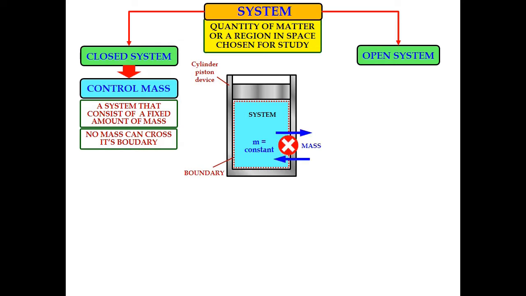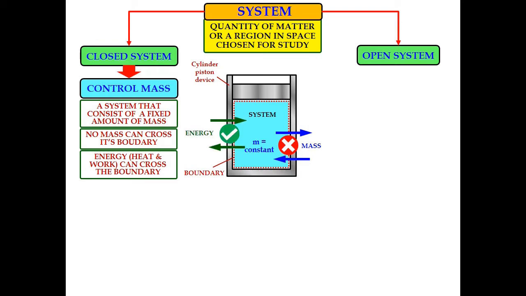No mass in, no mass out, because we don't have any inlet or outlet for mass to enter or exit the system. However, for the closed system, energy in terms of heat and work can cross the boundary. So energy transfer in and energy transfer out are allowed in this closed system.